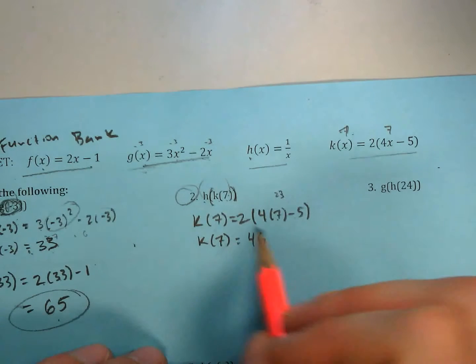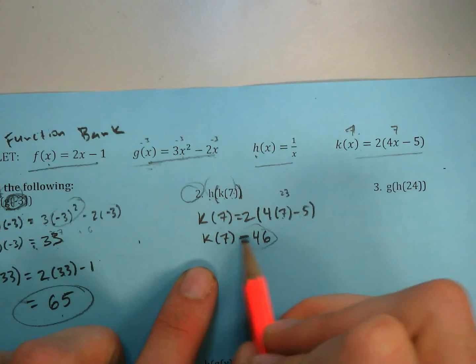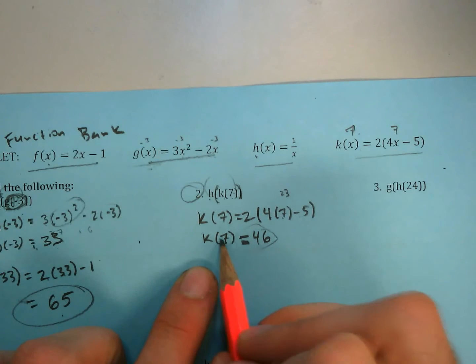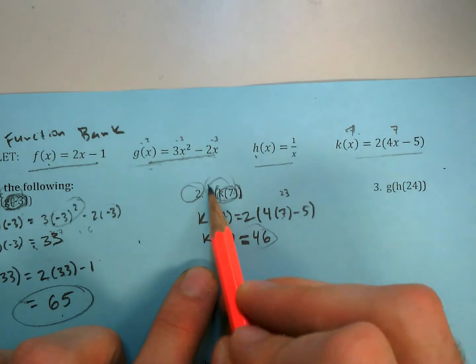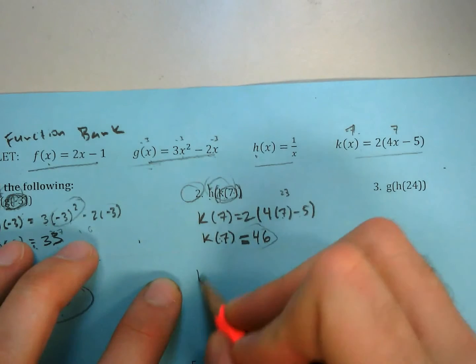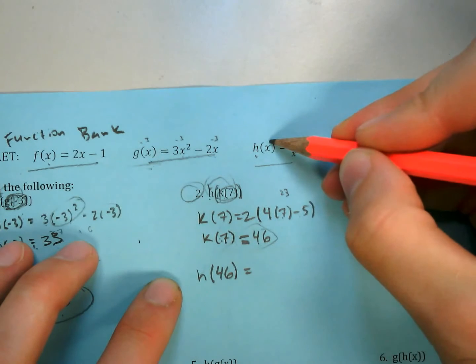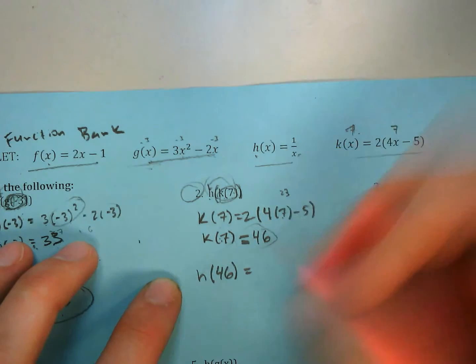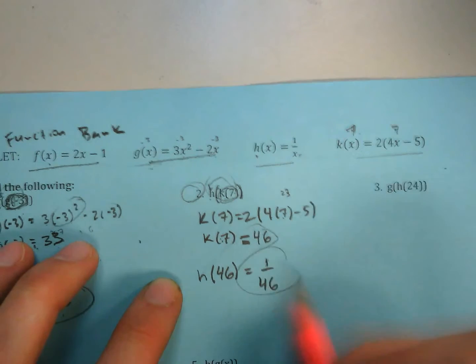Now, we take that 46, since it is the same thing as k of 7. Let's plug that whole thing into h. So h of 46 means plug in a 46 wherever you see an x, 1 over 46. I don't need a decimal approximation. That's good enough.